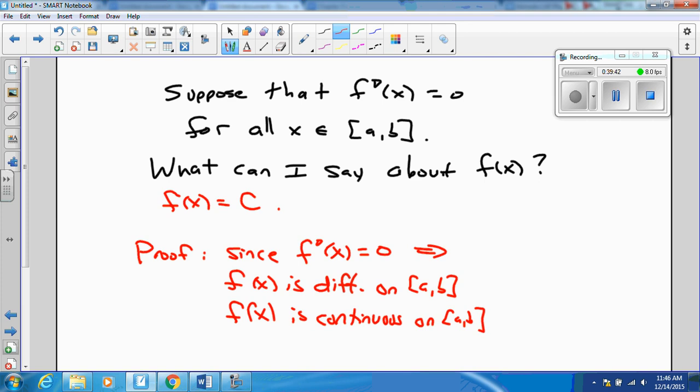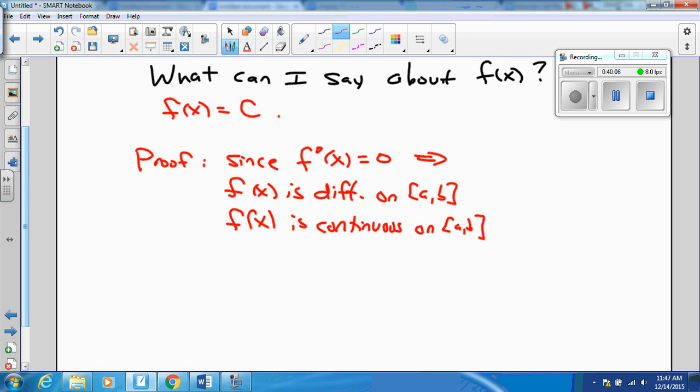So notice, Earl, the discussion you raised here, I appreciate you raising that, because that discussion about could there be a jump was related to the reasoning that we used right here. Since f prime is 0, it has a derivative, and since it has a derivative, it's continuous on every place where it has a derivative.